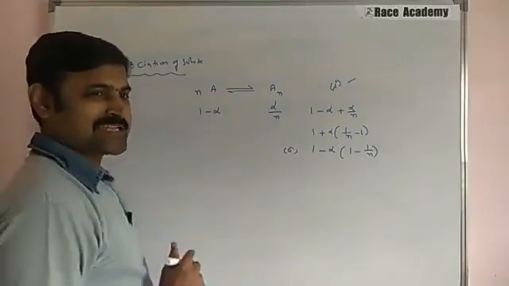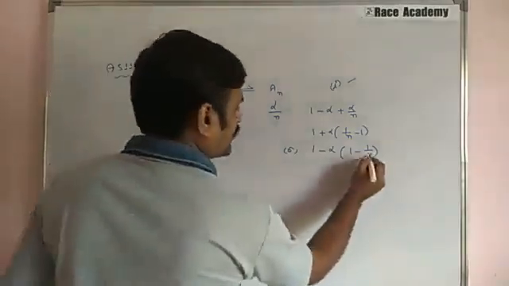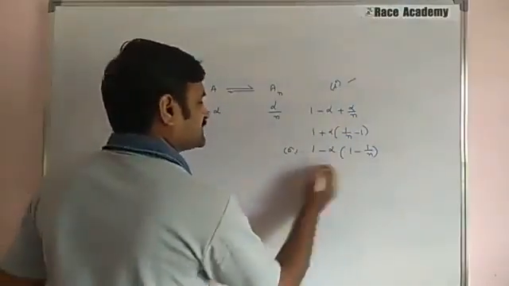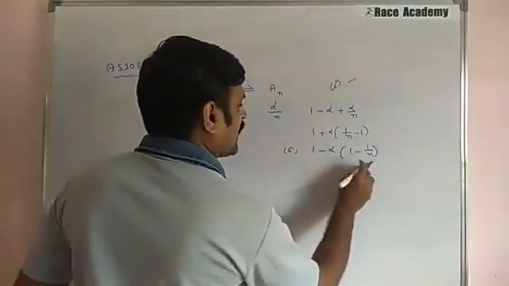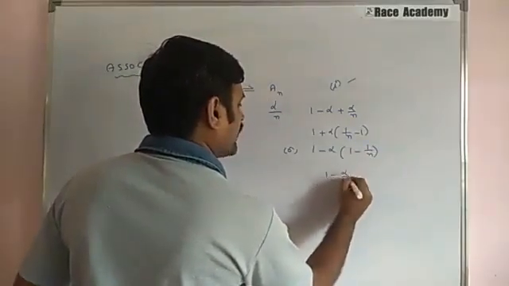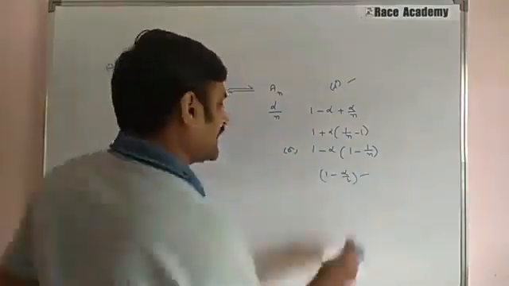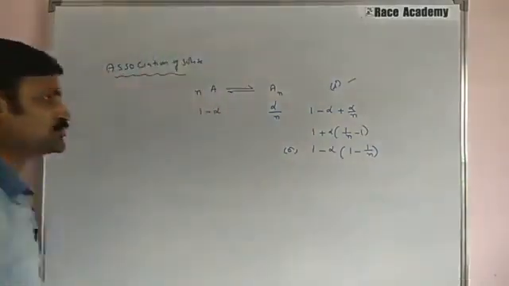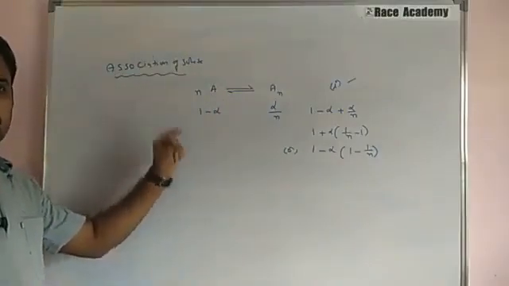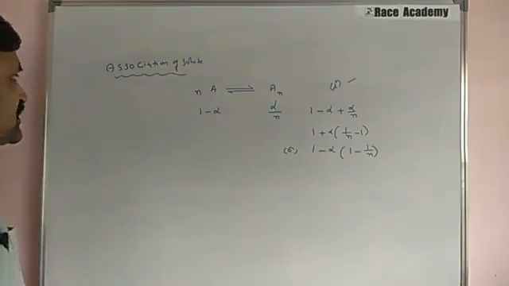Usually for benzoic acid, you will write this n value as 2. Dimerization takes place. Then the benzoic acid case is 1 minus alpha into 1 minus 1 by 2, which is 1 by 2. So it will become 1 minus alpha by 2 only for such type of benzoic acid and acetic acids in the solution. So this is one important formula to understand the Van 't Hoff factor for degree of dissociation and degree of association in the colligative properties.